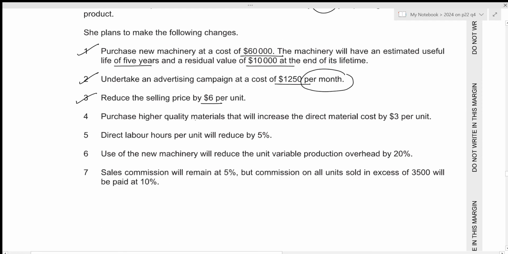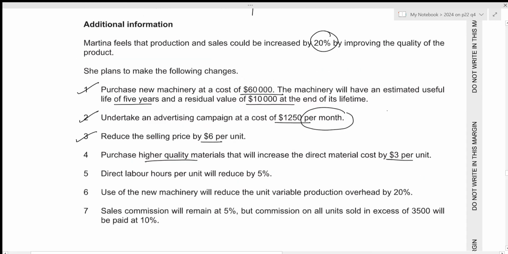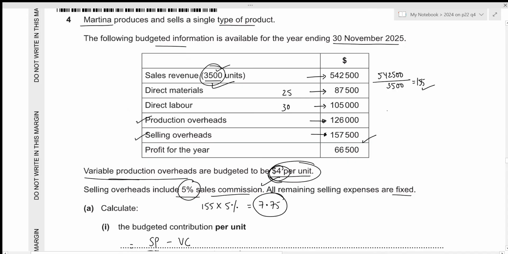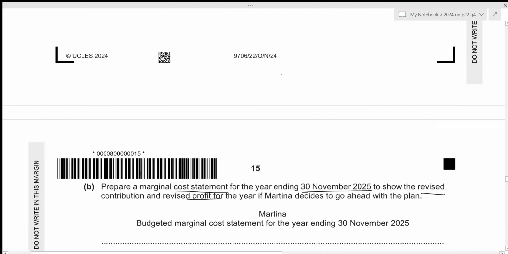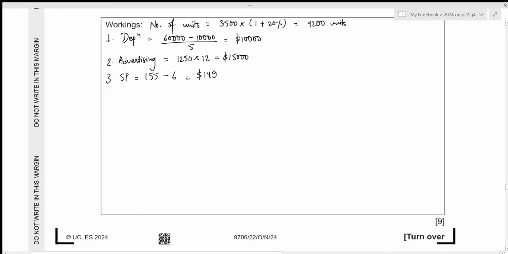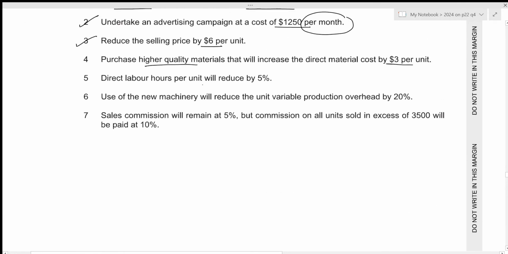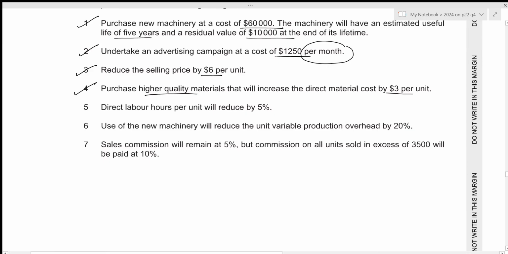Then we need to purchase higher quality materials that will increase the direct material cost by 3 per unit. Previously the direct material cost was 25. Now we need to increase it by 3. So the new direct material is 25 plus 3, which is 28. Then direct labor hours per unit will reduce by 5%.